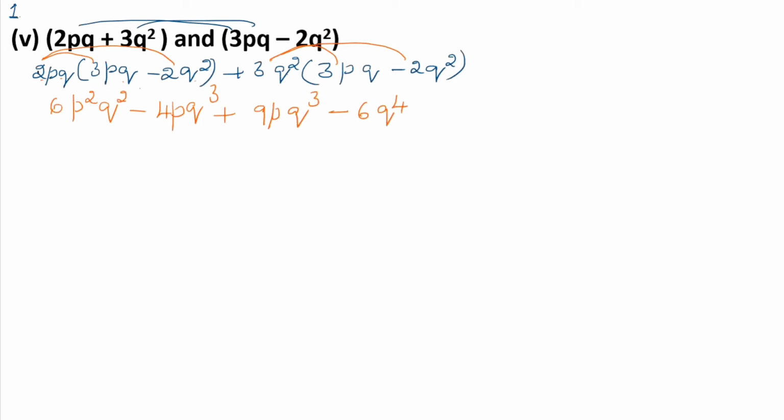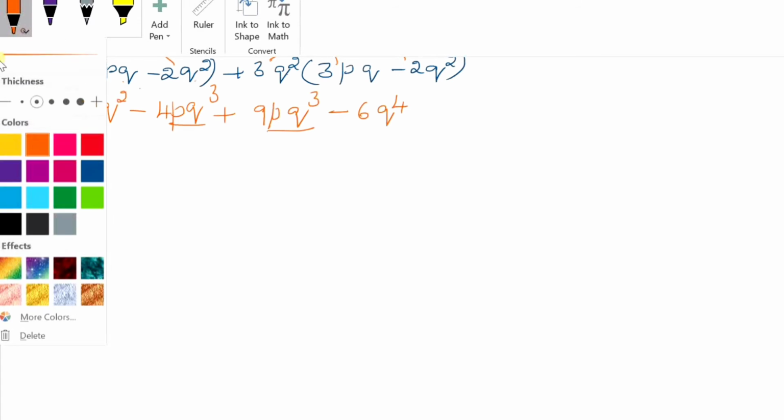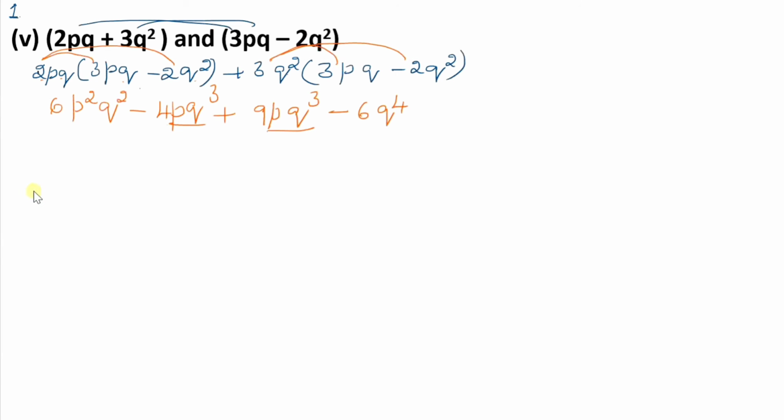Like terms we have. These two are like terms. That means they have the same variables with same exponents but different coefficients. Coefficients don't matter, so you can add these two.